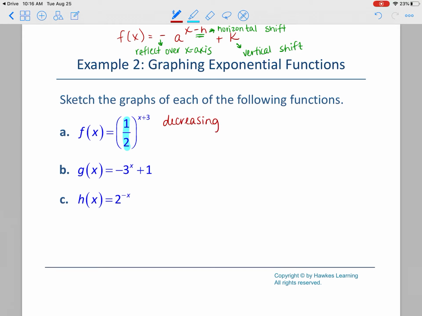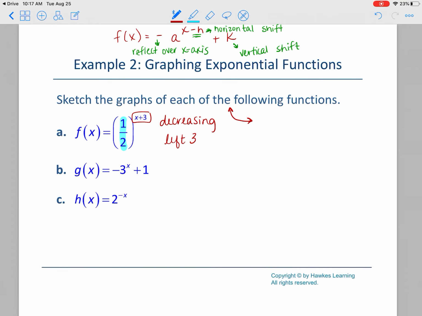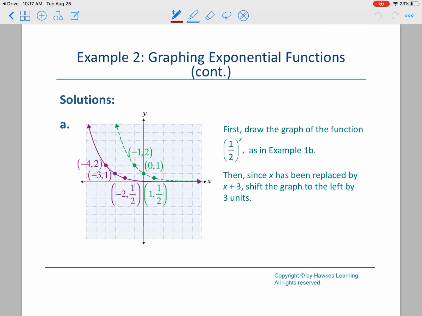So I know that it's going to be going down from left to right. The x plus 3 up here, since I'm adding 3 in the exponent, that's my horizontal shift. Again, that one's backwards. Since I'm adding 3, I'm actually going left 3. Now, we're going to look at these one at a time, so I'm going to be flipping back and forth. So I'm going to go to the next slide.